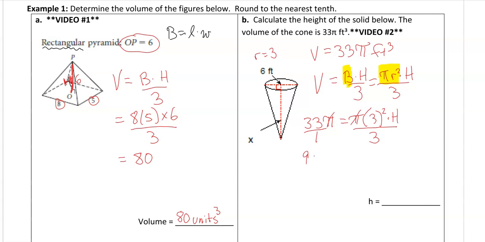So I get 99 is equal to 9h. 3 squared is 9. Divide both sides by 9, and I get that h is equal to 11. I'm going to make this a capital H because it's the height of the entire three-dimensional solid. So H is 11 feet.